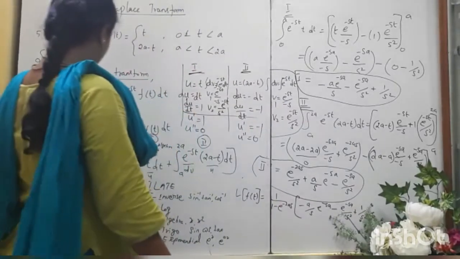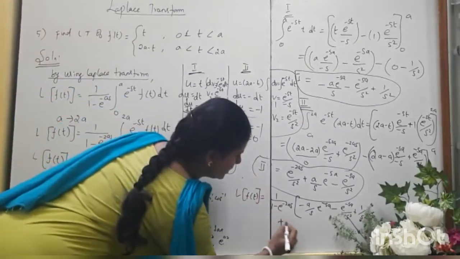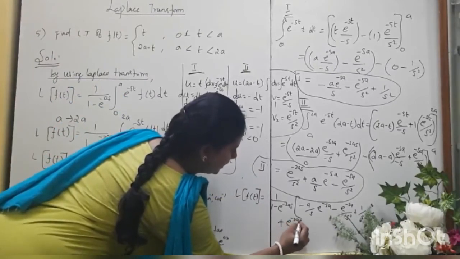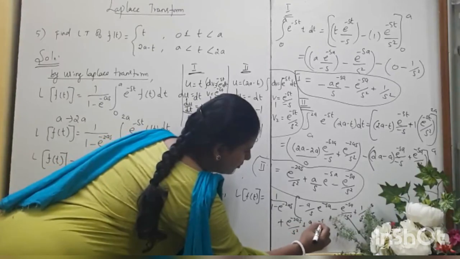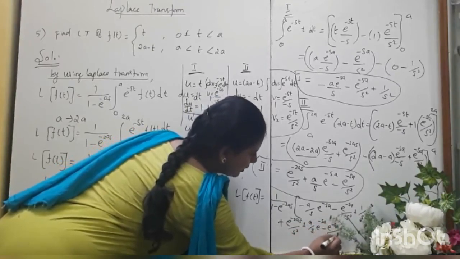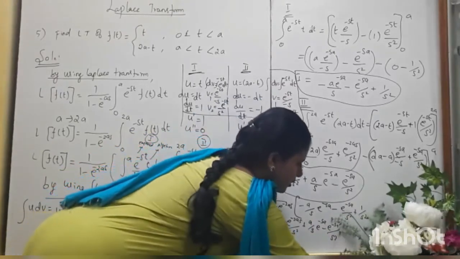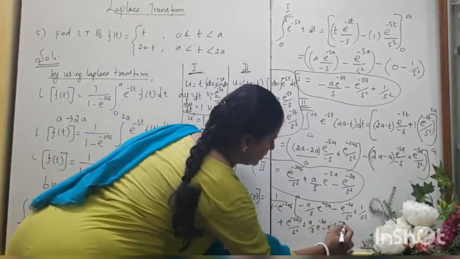Next the second part. What is the second part? This is the second part: plus e power minus 2as by s square plus a by s e power minus sa minus e power minus sa by s square.